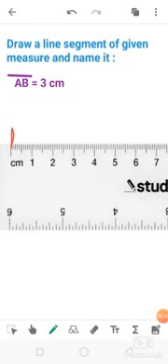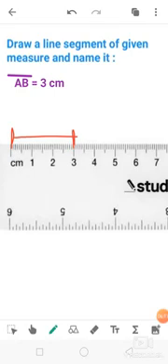What is the given measurement? 3 centimeter. So next point will come exactly on 3. After putting both the points, you have to join the dots. So this is 3 centimeter.